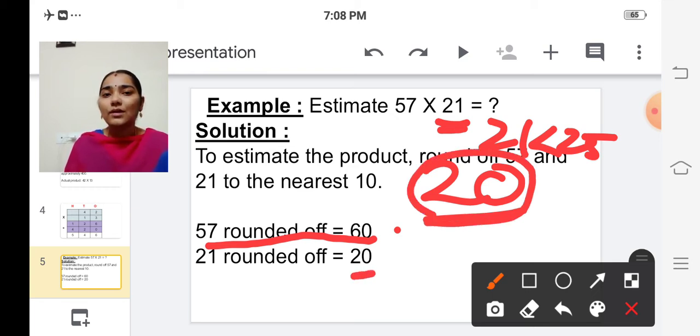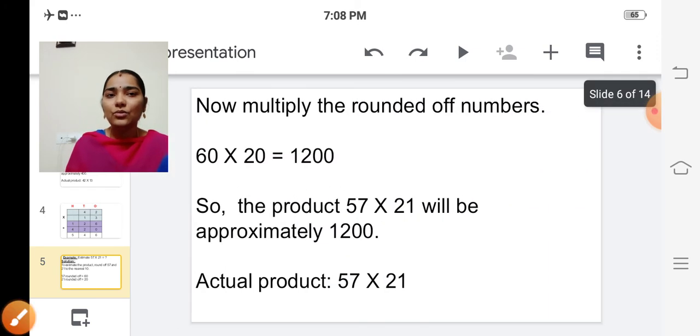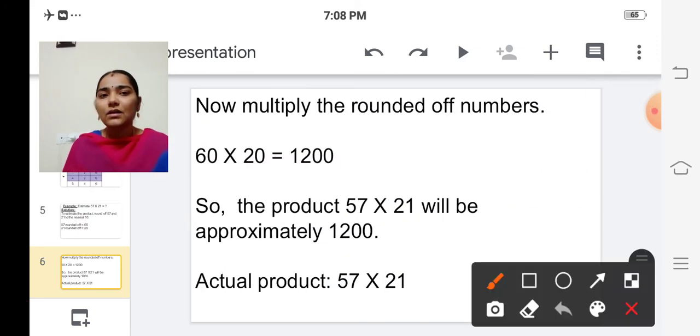Now we are going to find the product of these two numbers, that is 60 into 20. Both the numbers end with zeros, isn't it? So how many zeros are there? 2 zeros. Write the 2 zeros and multiply the remaining numbers. 6 into 2. 6 2s are 12.